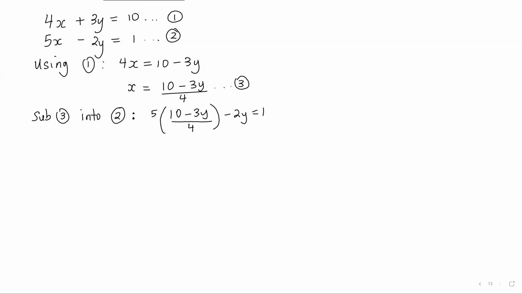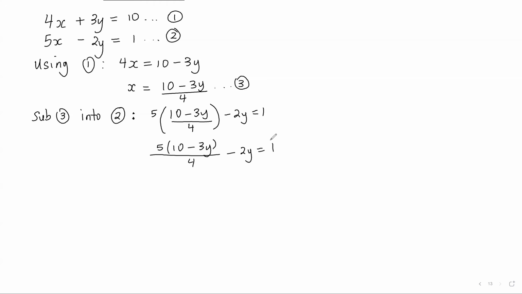Anyway, so let's go. If I want to remove these brackets, it will be 5 times 10 minus 3y all over 4 minus 2y is equal to 1.